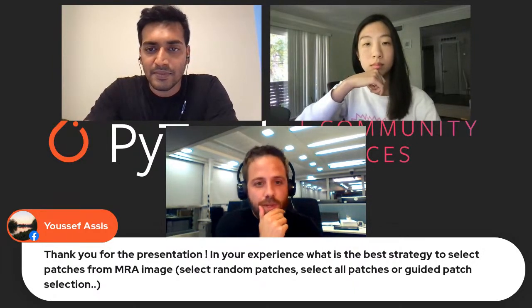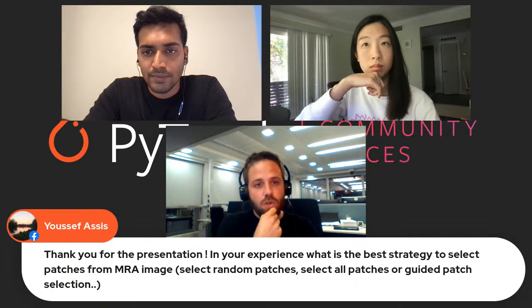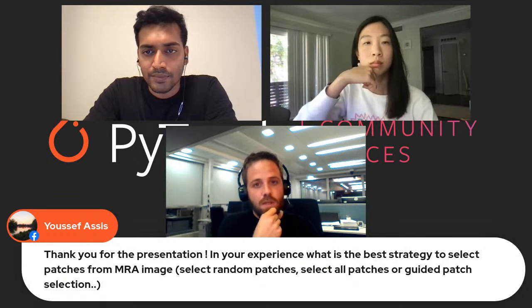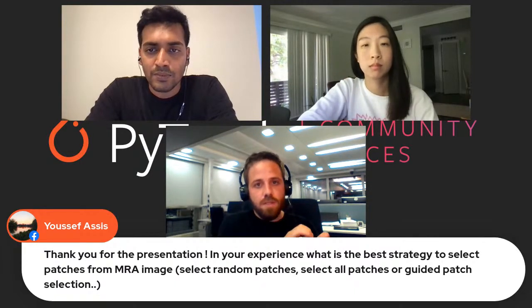Okay, that's a good question. A bit specific, but I like it because I worked on this right before I started my PhD. So MRA, I think, means magnetic resonance angiographic images. Basically, it's MRIs where you can see, hopefully, only the vessels, brain vessels.